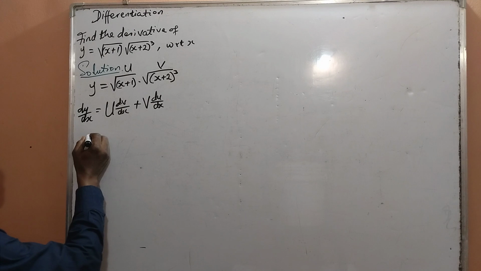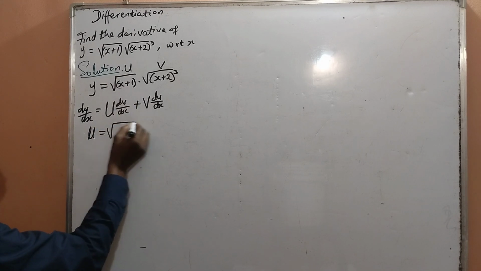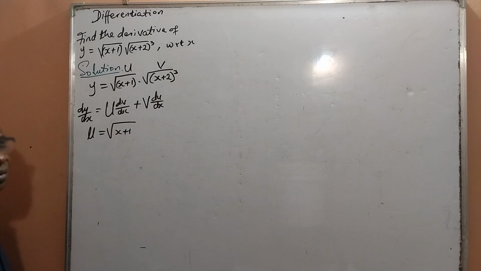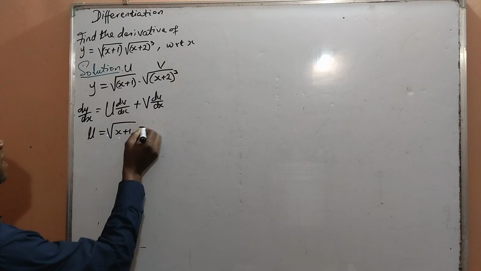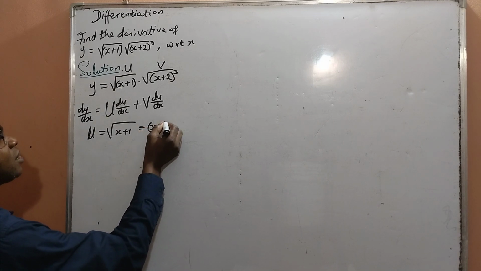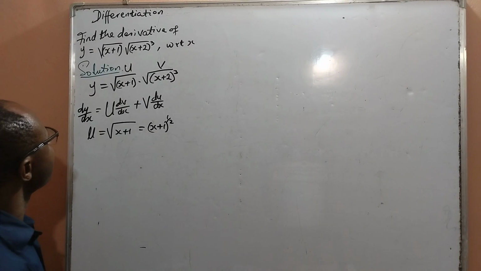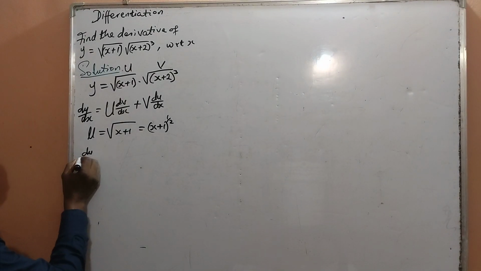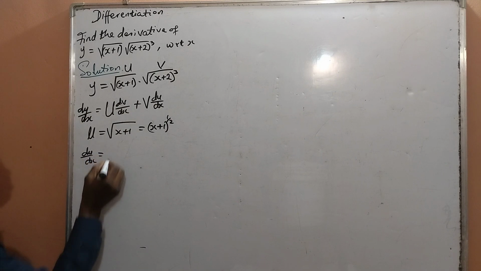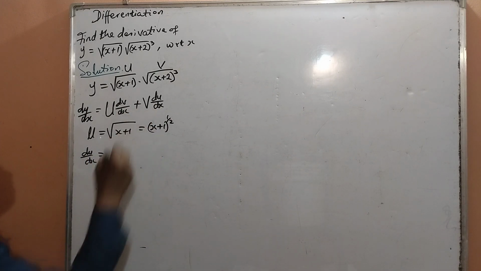That means u is equal to the square root of x plus 1, which is the same thing as x plus 1 raised to power 1/2. Remember this is the formula.